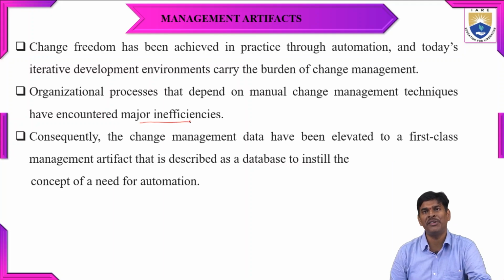So what is the difference between manual changes and automatic changes? During manual changes, we need to take a larger number of constraints to overcome these problems. Whereas with automation, it will check what inefficiencies are there, and it will try to make the changes within the stipulated time here.